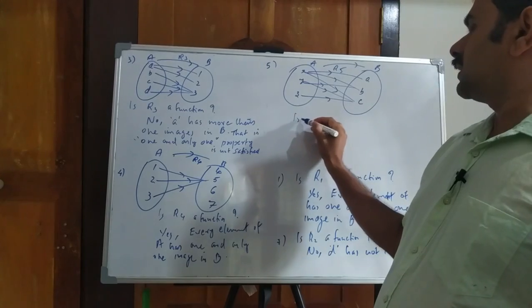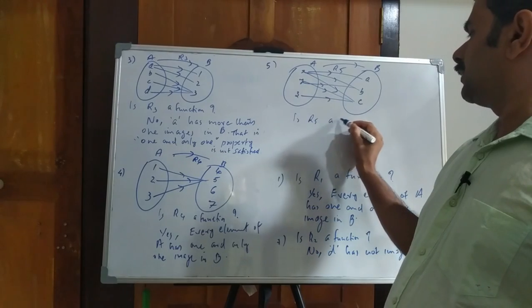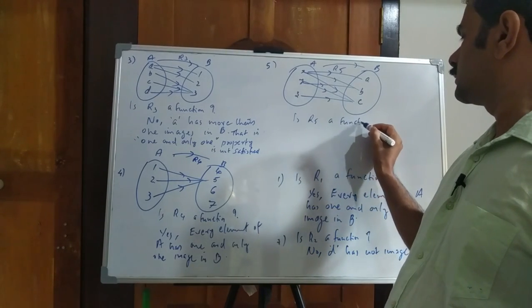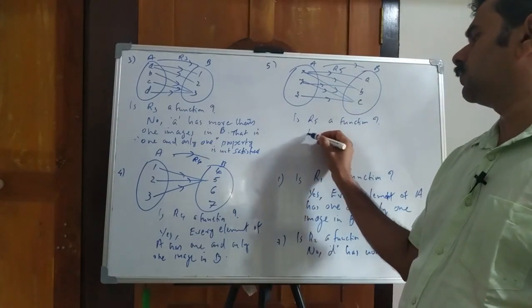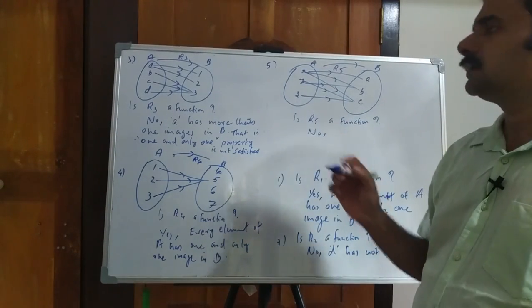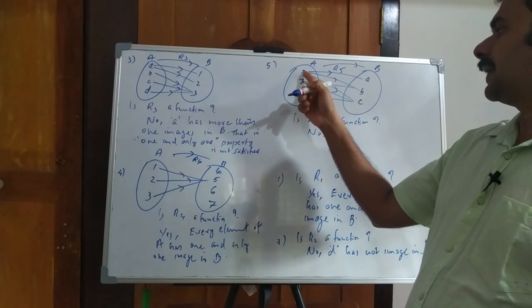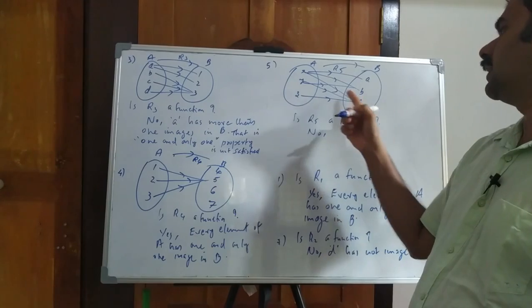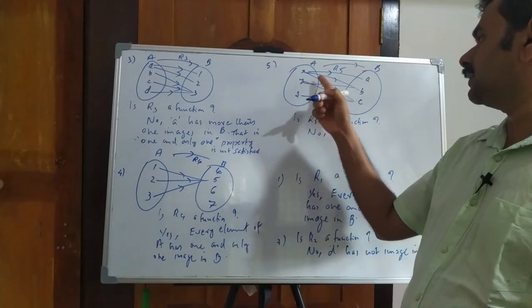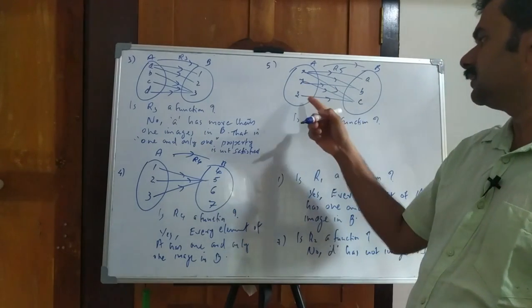Is R5 a function? No. Why? Because X has more than one images, that is A, B and C. Y has more than one images, isn't it?